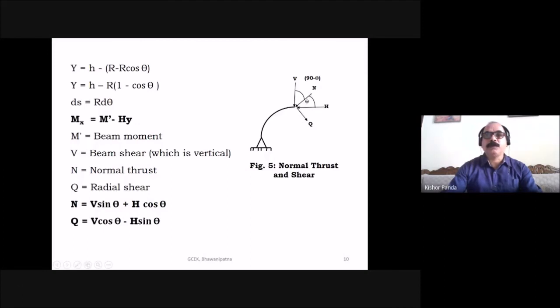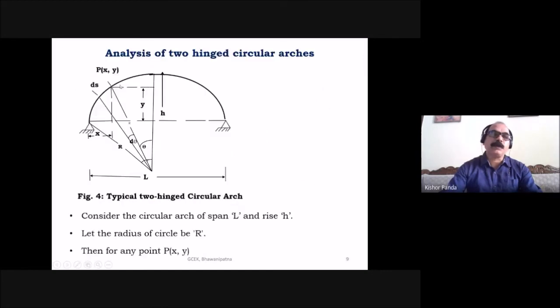The normal thrust and radial shear are perpendicular to each other, and the vertical force and the horizontal force are also perpendicular to each other. If this angle is theta, the normal thrust is normal to this, and the radial shear is along this direction. So this is the radial, and this is the normal.